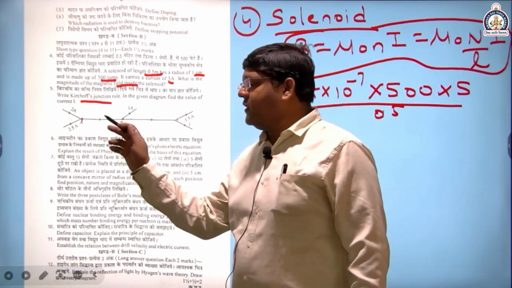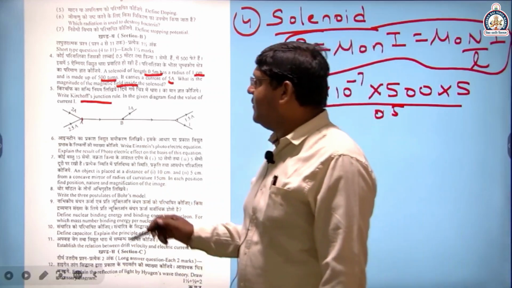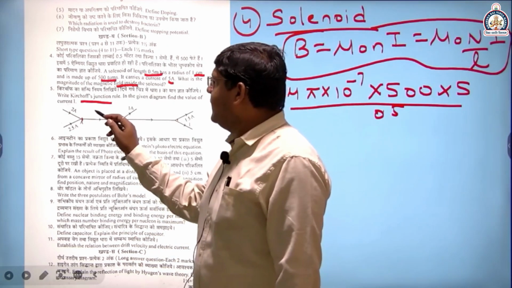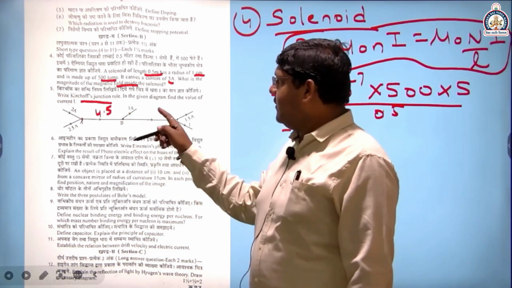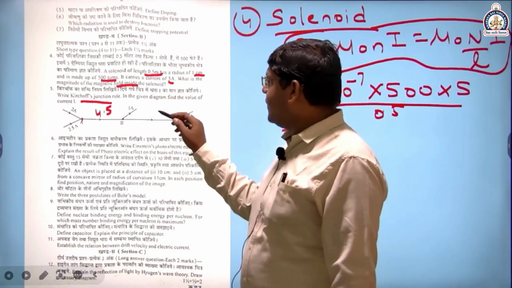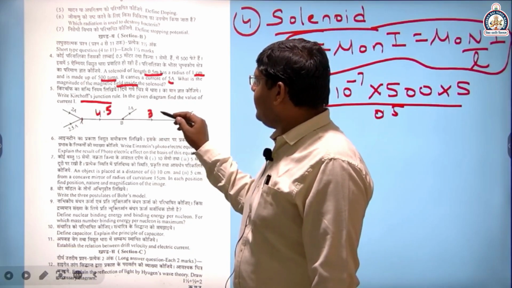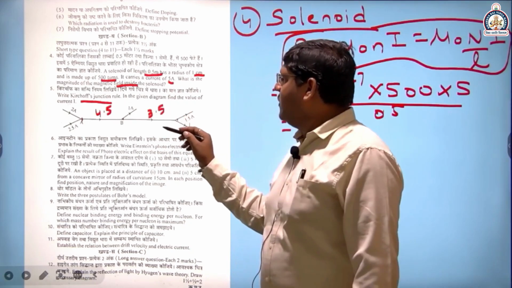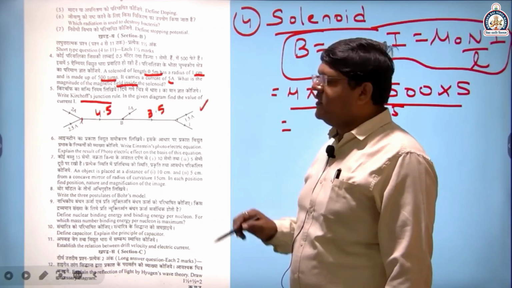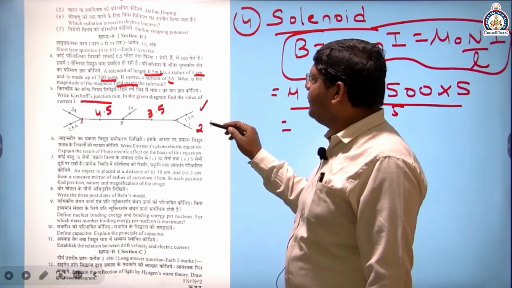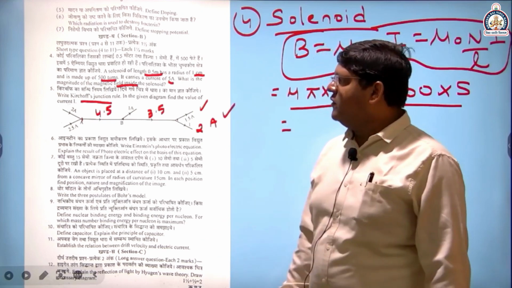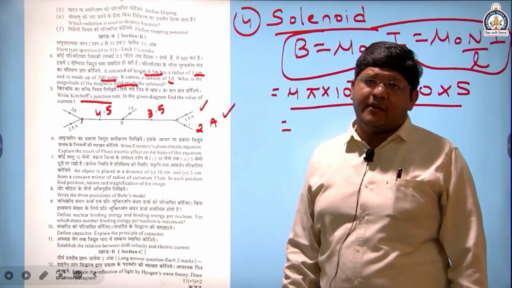At A, what are the two incoming currents? 2 and 2.5. So adding 2 and 2.5, we get 4.5 ampere. Out of 4.5, 1 ampere is outgoing, so the remaining is 3.5. And out of 3.5, the outgoing is 1.5. So we subtract 3.5 minus 1.5, we get 2 ampere. This is the required solution of question number 5.